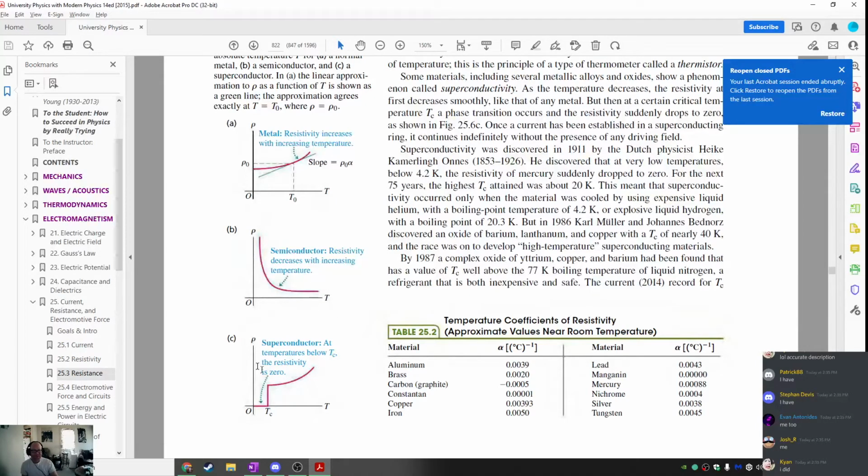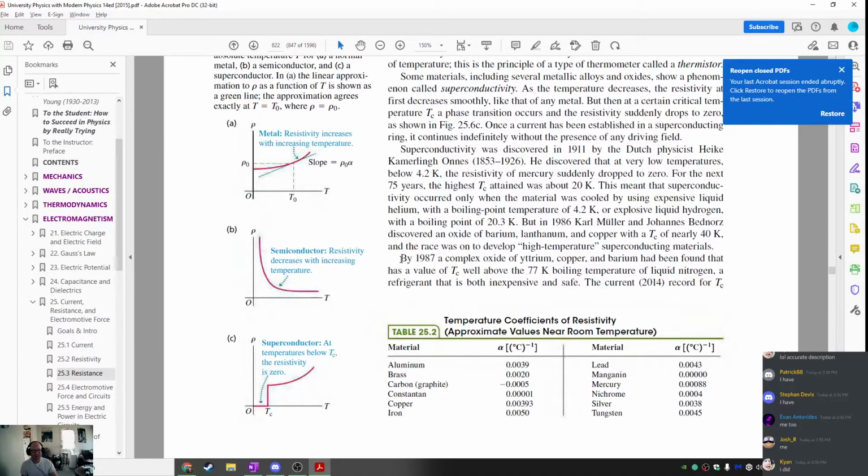And there's something called a superconductor, which is a material that below a certain critical temperature, the resistance actually drops to zero. This is a type of material that is extremely popular for modern research, looking for objects that can have a superconductivity state at a relatively high temperature.